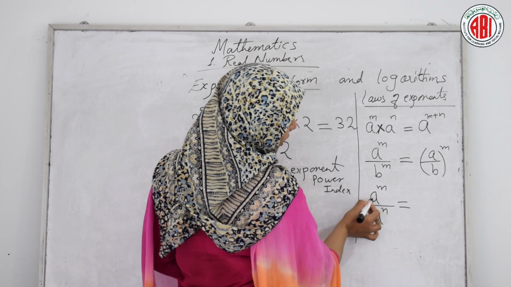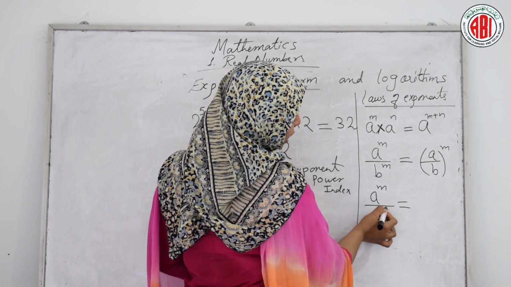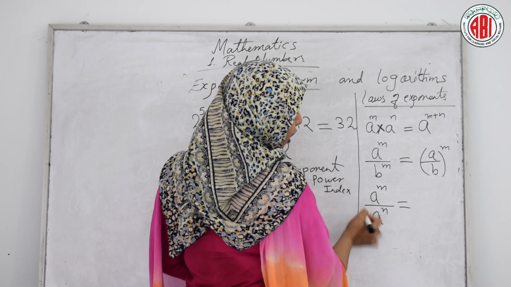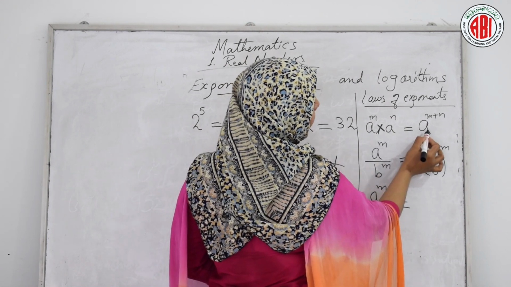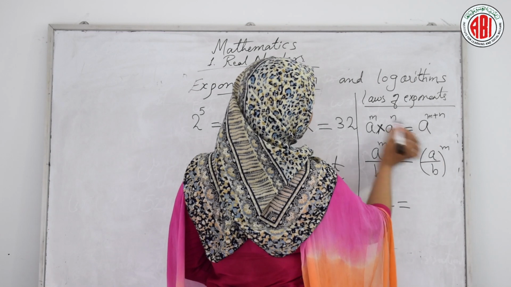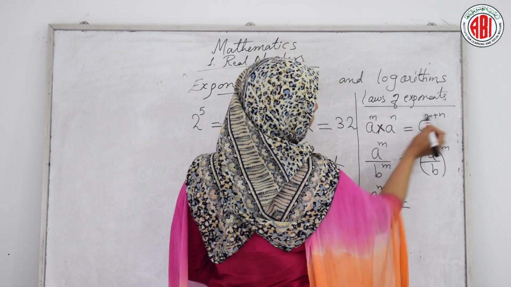Division of the same bases, a power m divided by a to the power n. How can we write this? In multiplication, we take a as the same base and add the exponents.